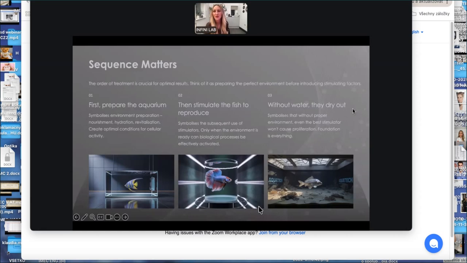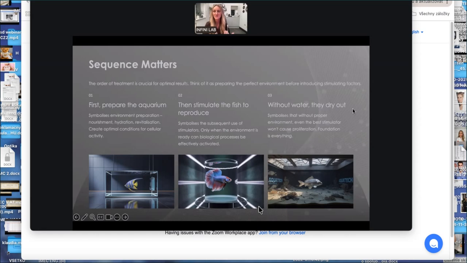So imagine we have a fish tank with beautiful fish inside. And imagine that you forgot to put the water inside the fish tank, okay? But what you do instead is put food in for the fish, because we expect them to start reproducing and growing, and we're trying to make our fish do everything in a wonderful way.